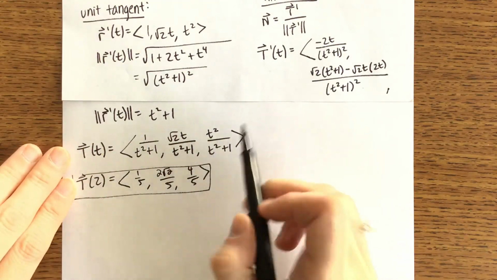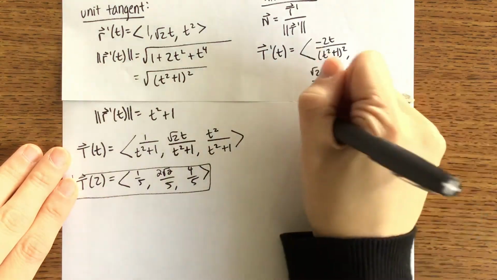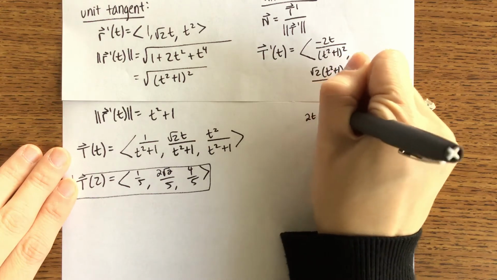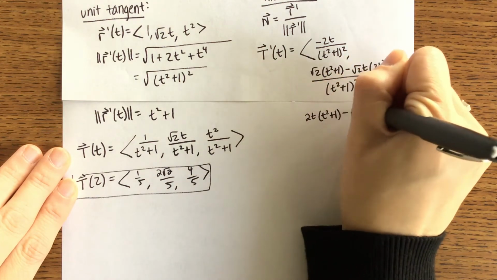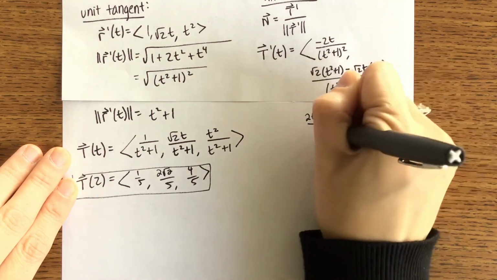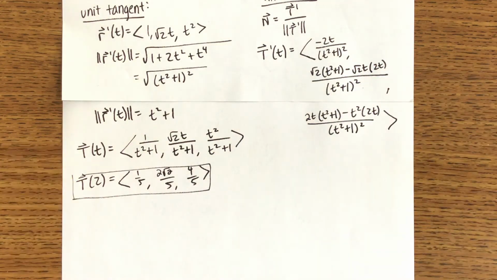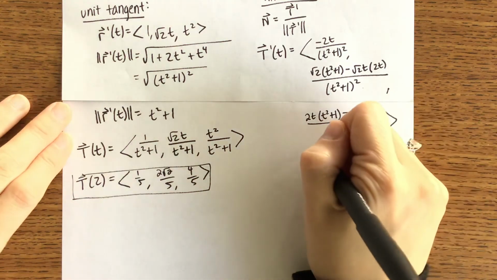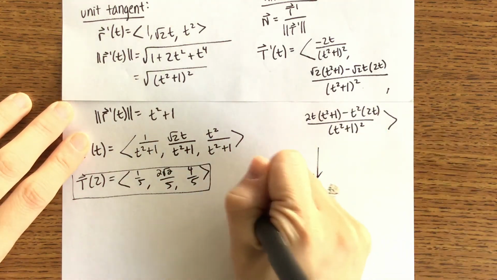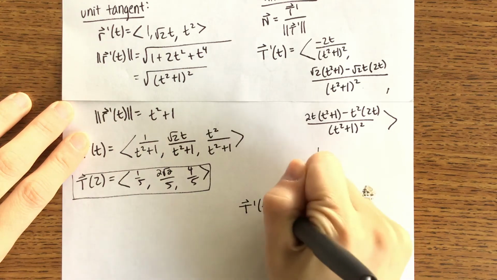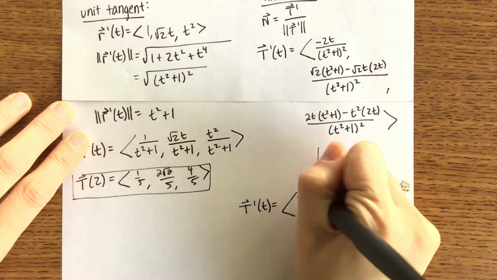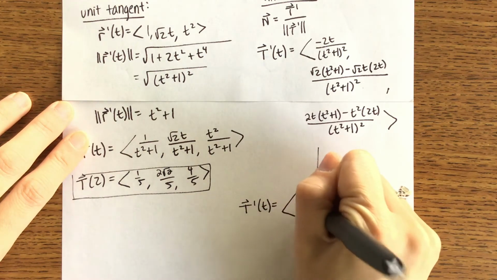And then here we're going to have to do the quotient rule again. We get 2t times t squared plus 1 minus t squared times 2t all over t squared plus 1 squared.